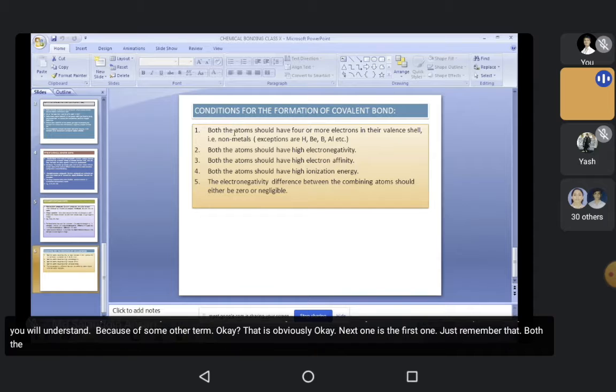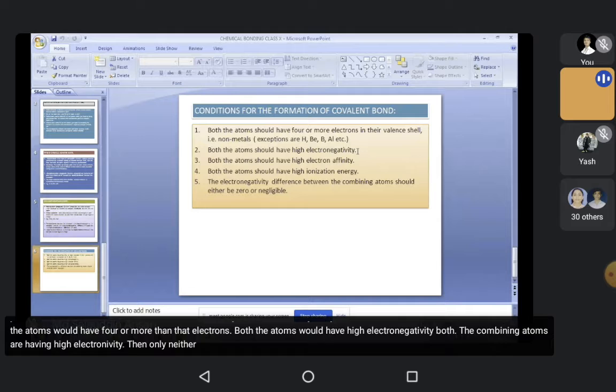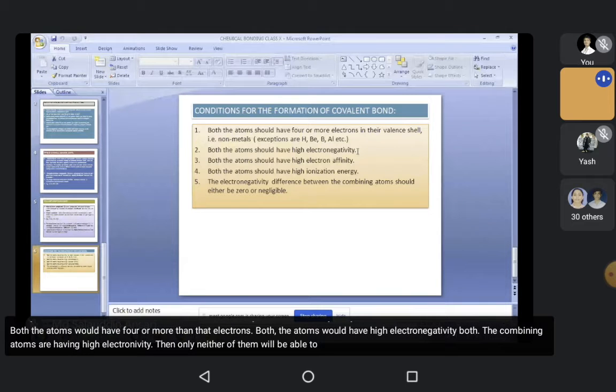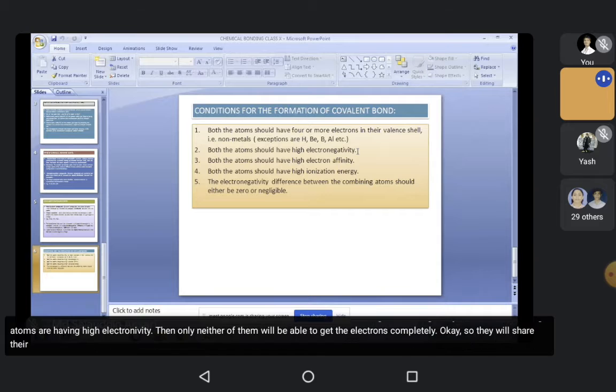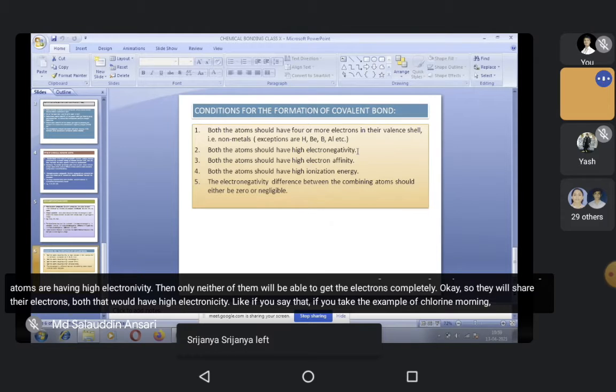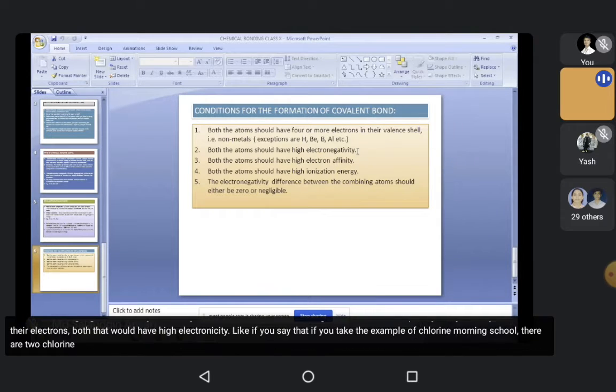Just remember that both the atoms should have four or more electrons. Both the atoms should have high electronegativity. Both the combining atoms having high electronegativity, neither of them will be able to get the electrons completely, so they will share the electrons. Take the example of the chlorine molecule, which has two chlorine atoms.